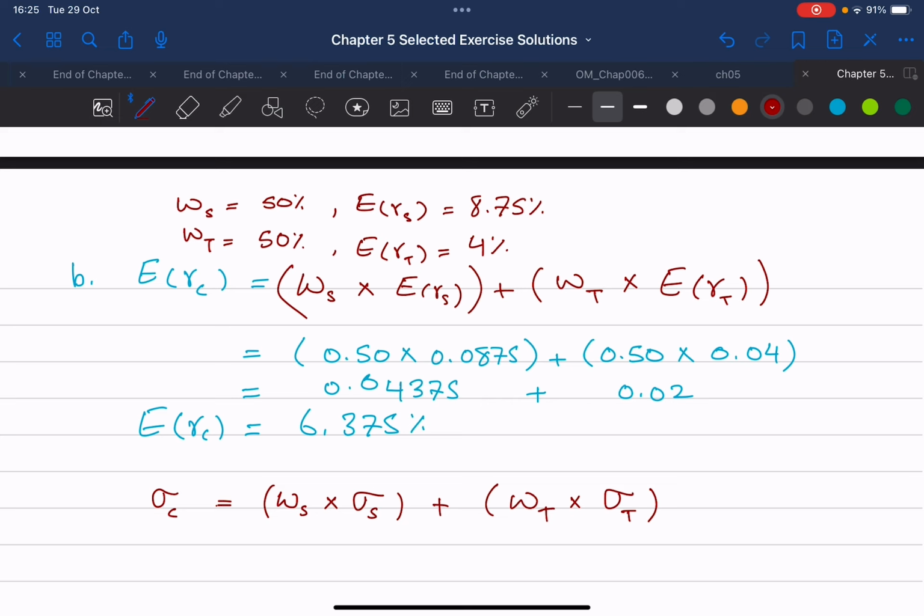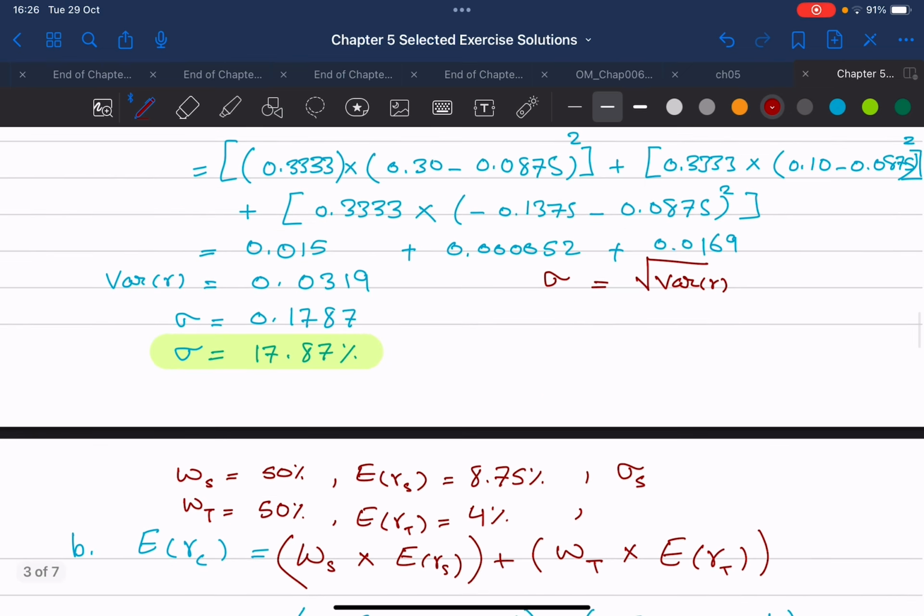I already have the weights. We know that it's 50%, 50%. But now we need to also write down the standard deviation of each component. The standard deviation of the stock we calculated in the previous part of the question here: 17.87%.